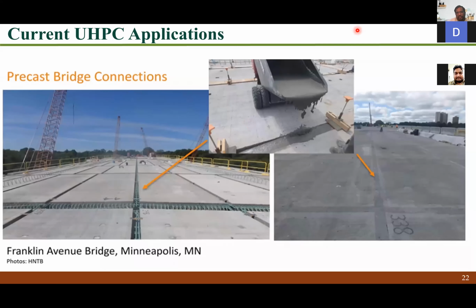The most common applications, of course, are in bridges, where, like I said, to speed up construction people are now going for precast construction, or in the US, what they call accelerated bridge construction. Most of the elements are made in the factory, then brought to the site and erected. Then they need to join the elements together, and when you join the elements, connections have to be very nicely designed.